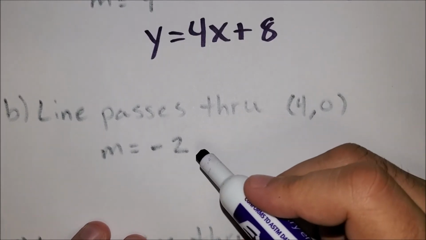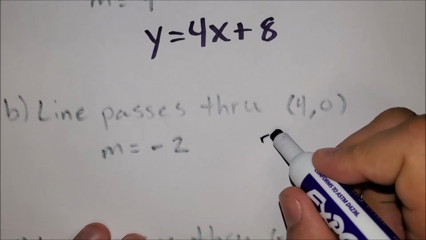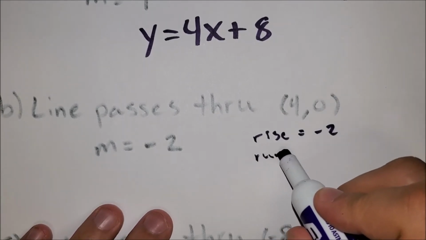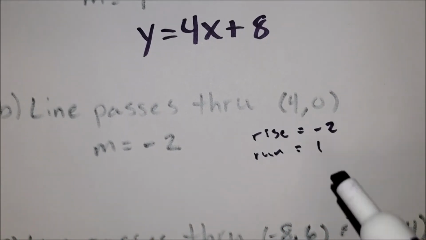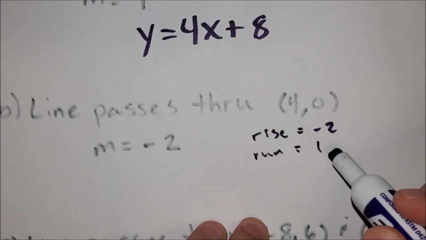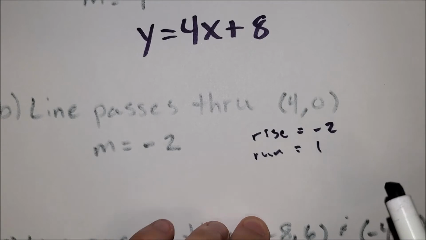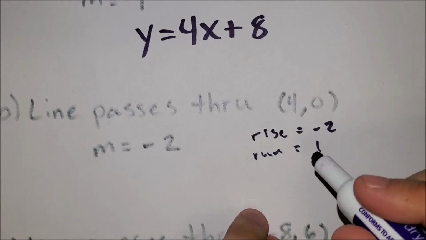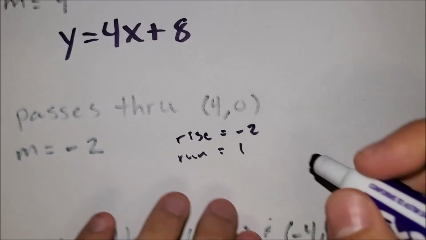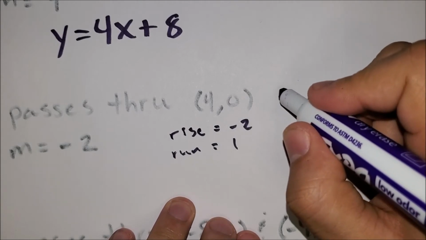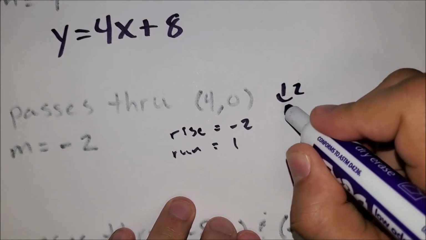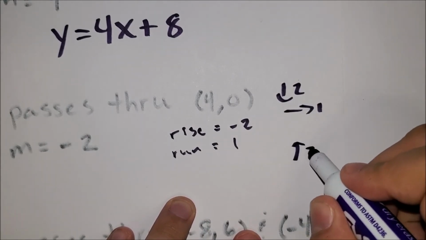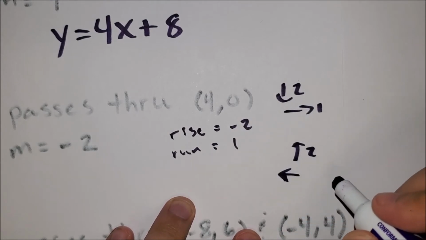This tells us that our rise is -2, and our run is 1. So for every unit that we go right, we go down 2. So we can actually go backwards on this, and every unit we go left, we go up 2. So instead of going down 2 over 1, we can go up 2, left 1.